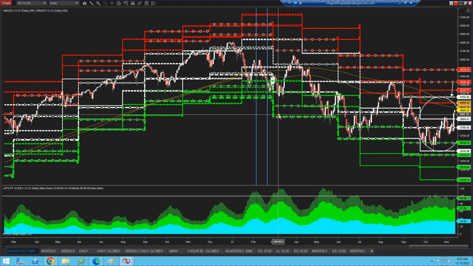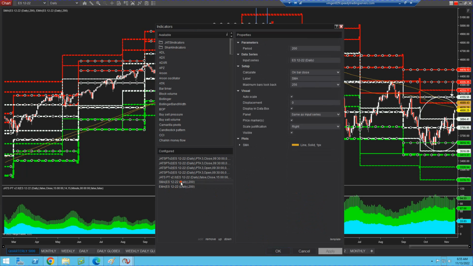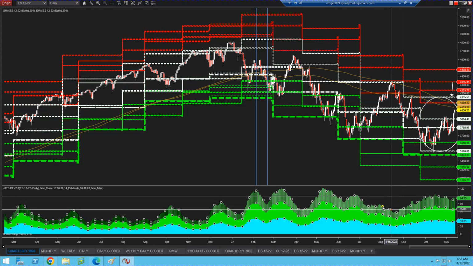My indicator, you can put the monthly, quarterly. So I've got 3 month and 12 week. I can calculate from the open and the close of the session, so I put both on the chart. And I've got a 200 EMA and SMA. And I've got the volatility PT2 component to this.